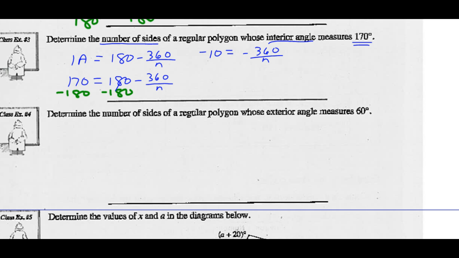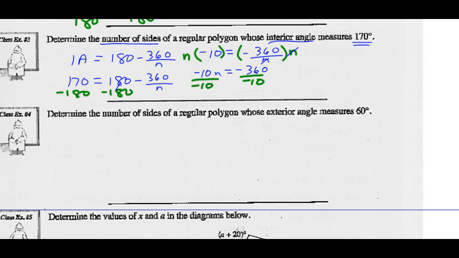Well, if negative 360 is divided by n, to get rid of that n, I want to multiply both sides by n now. So negative 10 times n is a negative 10n. And negative 360 divided by n times n, well, if you're dividing by n and multiplying by n, they reduce down to 1. So negative 360 times 1 is negative 360. And then the last step in solving this equation for n, you divide both sides by negative 10.